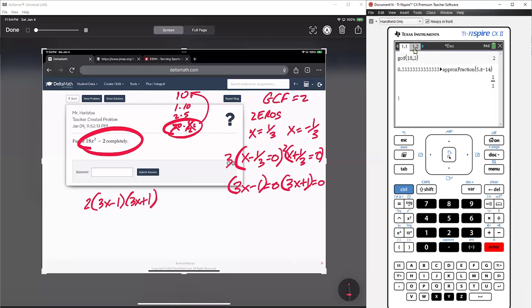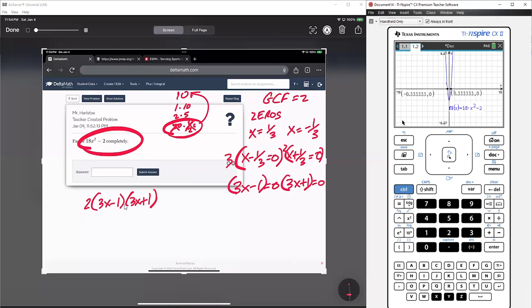The last thing that I want you to do is, once you've found the factored form, check it against the original. They should be identical. So I'm going to put 2, parentheses, 3x minus 1, and then 3x plus 1. Press enter.